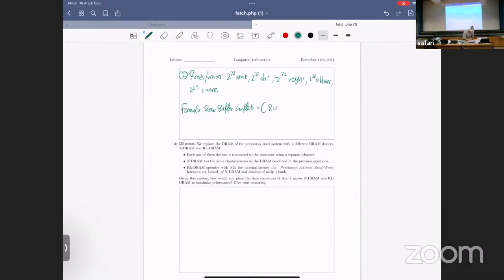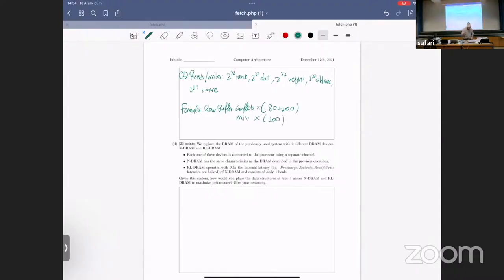So it's 80 plus 100 cycles, 80 for the pre-charge, 100 for the activate. And then in the case of a row miss, the only thing we need to do is activate the row, so we need to pay 100 cycles.